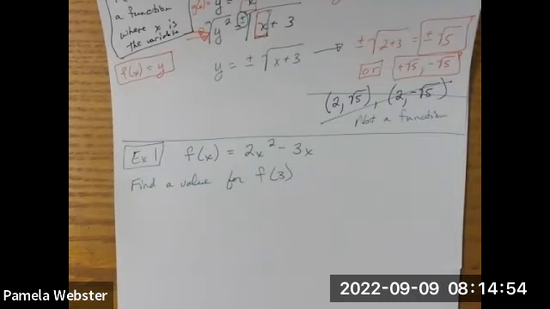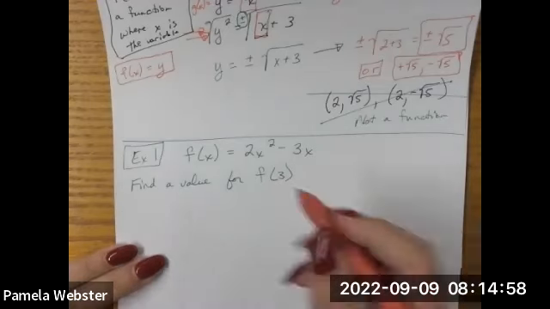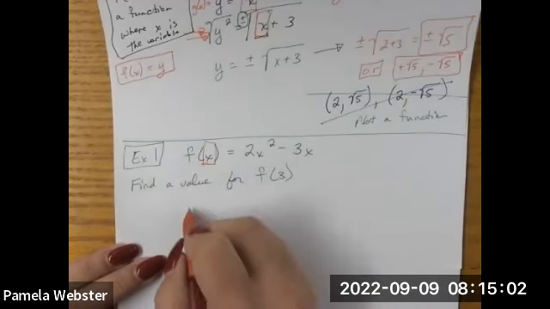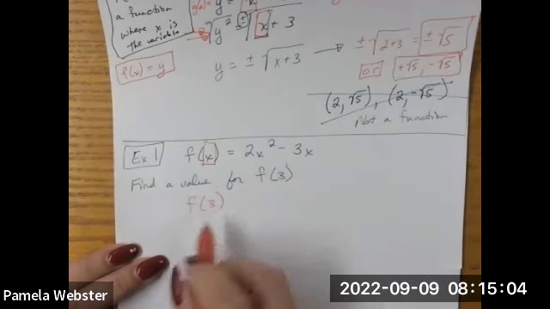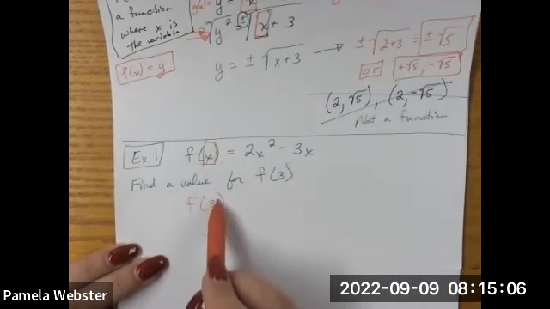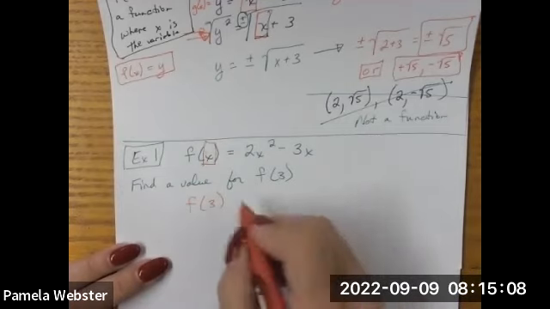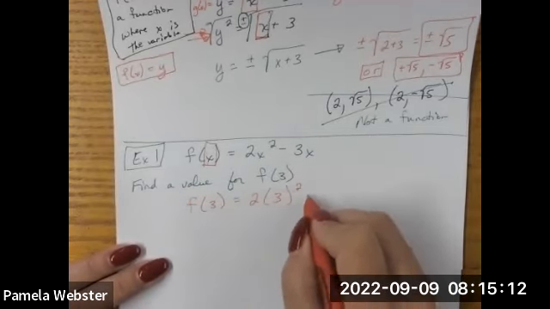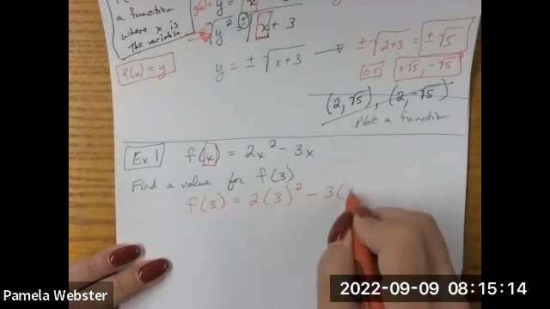So when it says find a value for f of 3, that literally means come up here to where you have your function value, and where you see an x, substitute in a 3. Everywhere I see an x. So I'm going to go 2 times 3 squared minus 3 times 3.